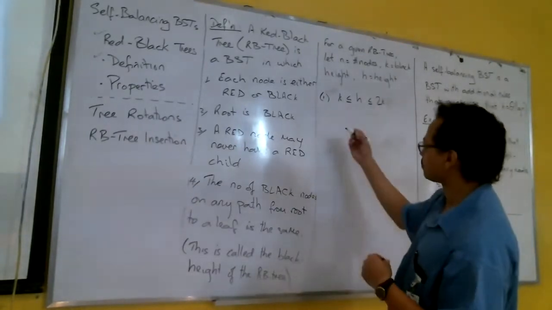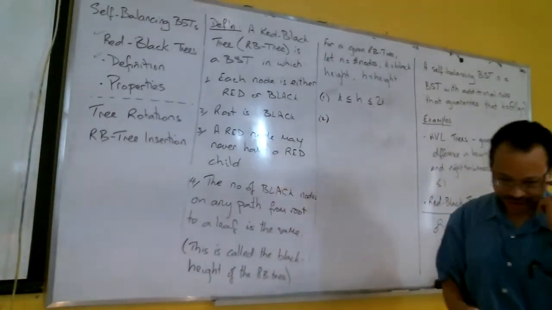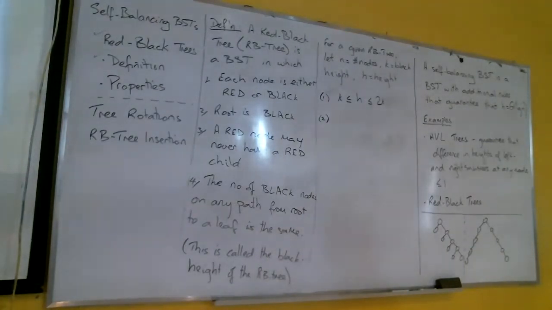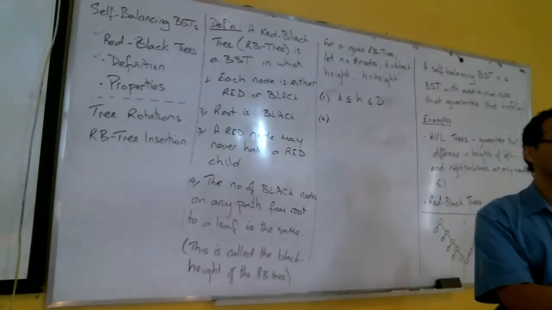Second one. Now this one is not something that you could reason out just by knowing these properties, but we can prove it. We'll talk about how to prove it. Let me write it down first. This one is going to relate the black height to the number of nodes. All right?